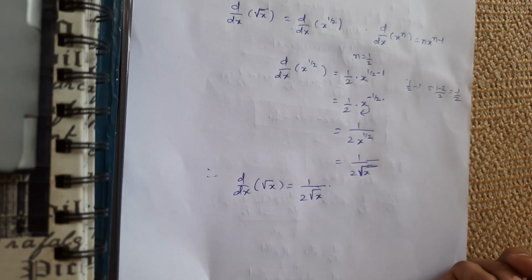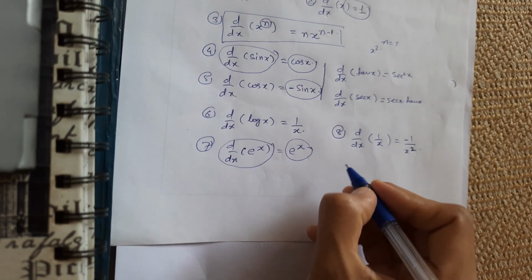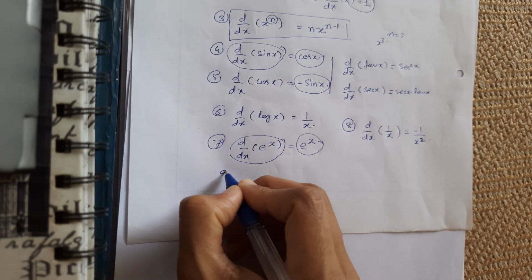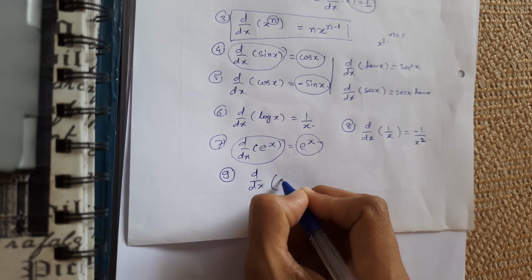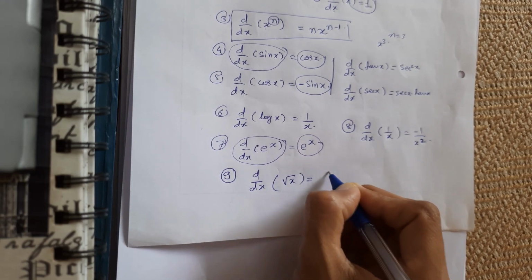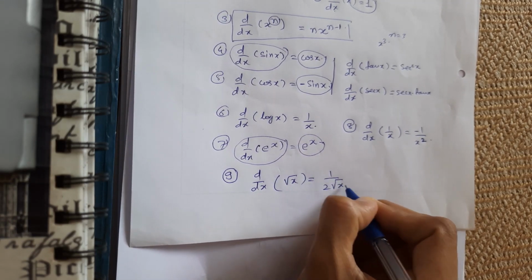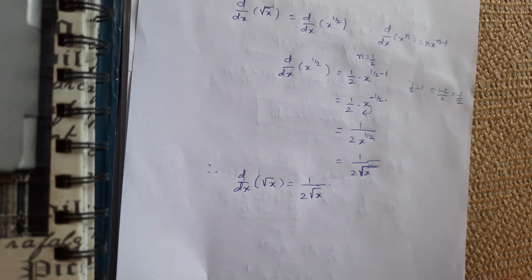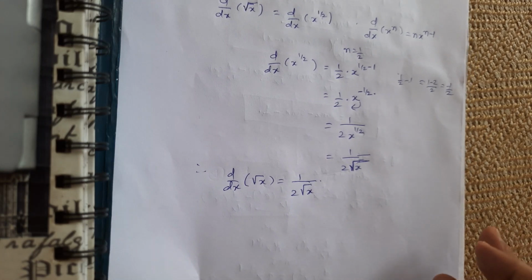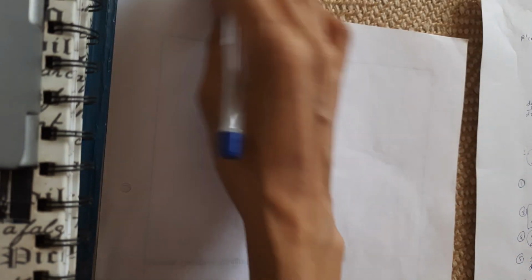Now you can also remember this as a standard formula. So I am writing it here: the derivative of root x equals 1 upon 2 root x. That's how we solve the example. Let's continue with a few more examples.